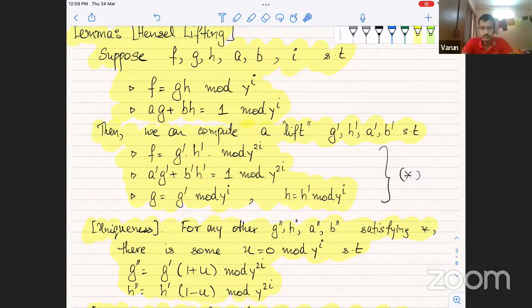Okay. Yeah, go ahead. So right now, this is what we have: just a univariate factorization. Given that it's square free and all of that is true, then we get a univariate factorization, and then we are trying to improve the y part of the bivariate factorization. But why do we need uniqueness here?